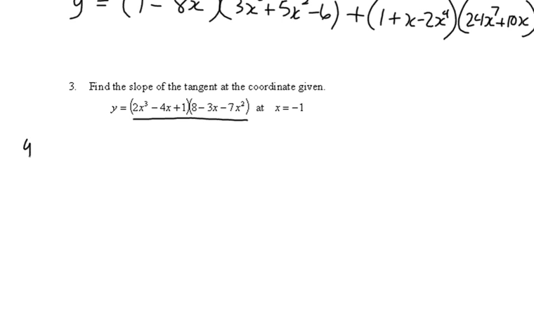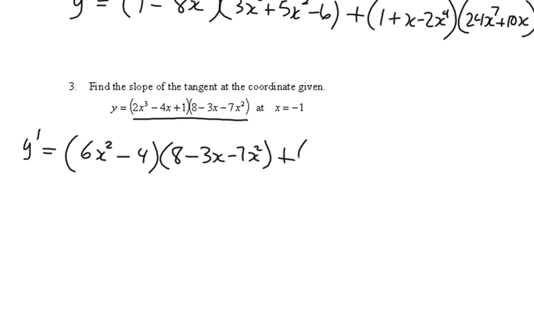So let's do our y prime. Remember our y prime, quite simple. It's all polynomials here. So the derivative of the first one, 6x squared minus 4. Write down the second one, 8 minus 3x minus 7x squared. Put a plus sign. Write down the first one.